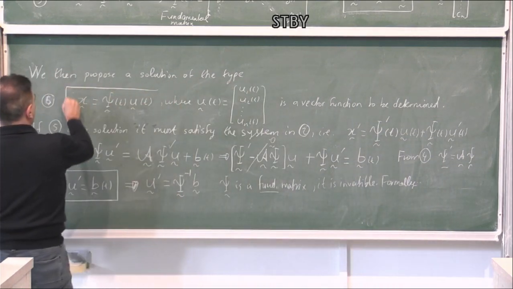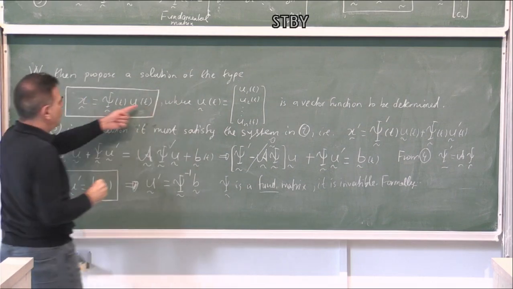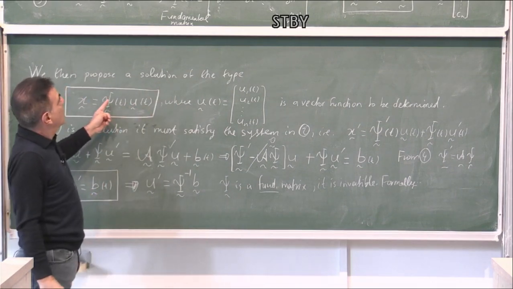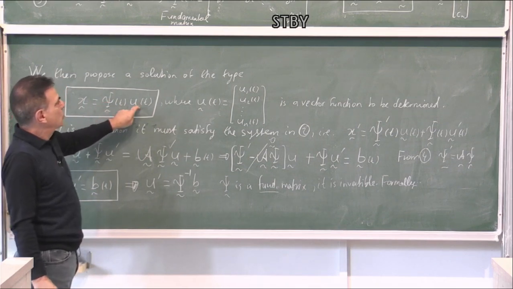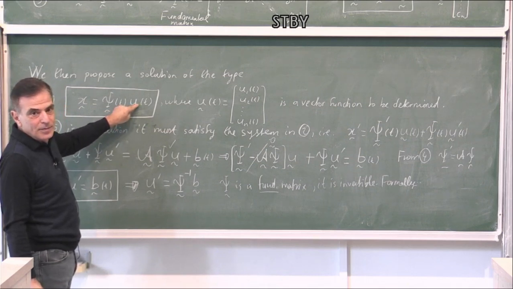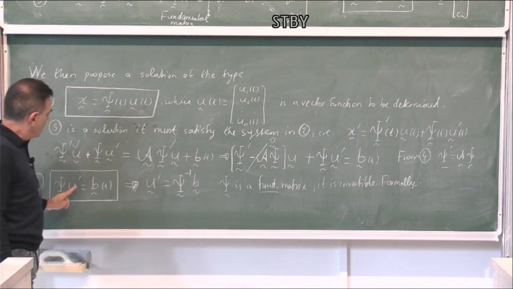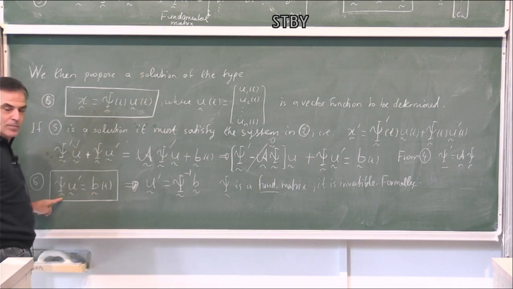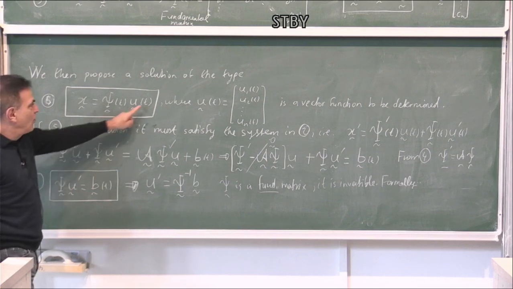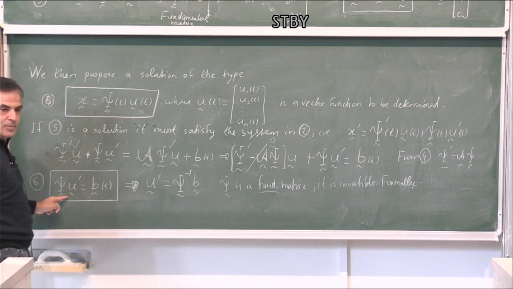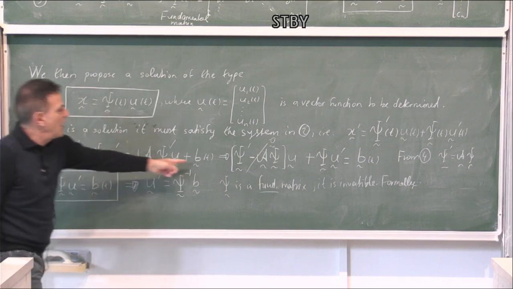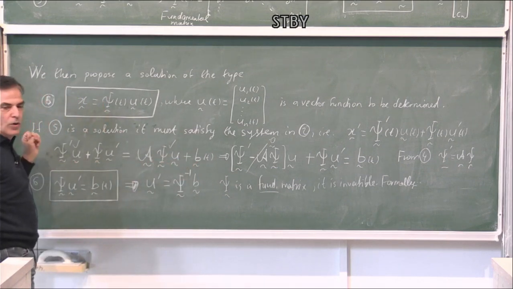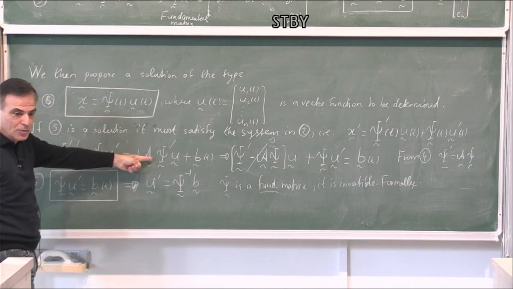I say that the proposed vector solution has this form. We assume that the fundamental matrix is known, that the homogeneous solution is known. So our objective is to find u. And we see that if u prime satisfies this system, not u itself, but the derivative of vector u, then the vector in 5 becomes indeed a solution of the non-homogeneous equation because it satisfies the system upon substitution.